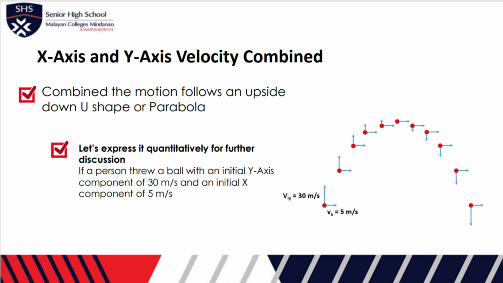If a person threw a ball with an initial y-axis component of 30 meters per second and an initial x component of 5 meters per second, what would be the acceleration of it in the independent x-axis and y-axis? Or what are the velocities of it in the independent x-axis and y-axis?